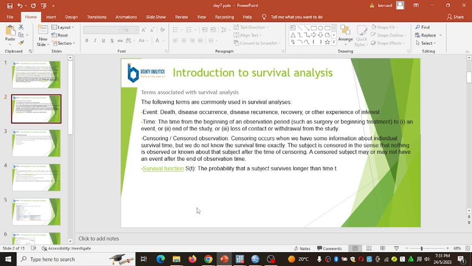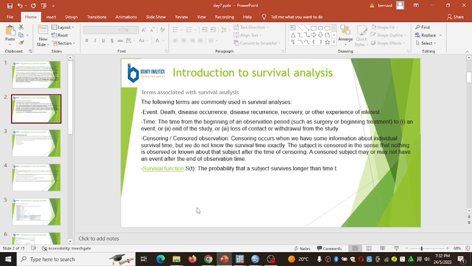We also have censoring, or censored observations. Censoring occurs when we have some information about individual survival time, but we don't know the survival time exactly.